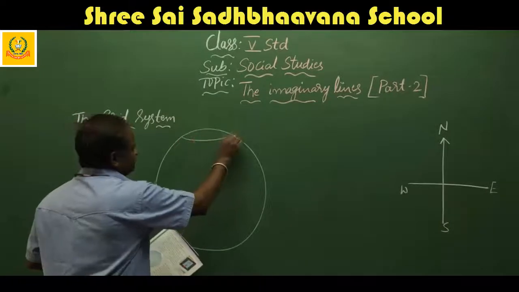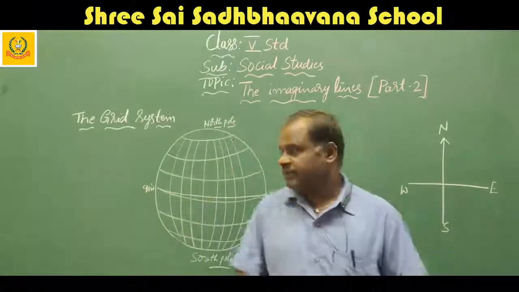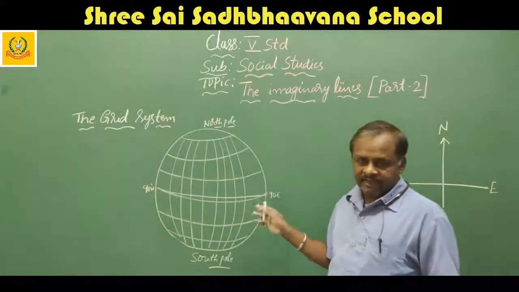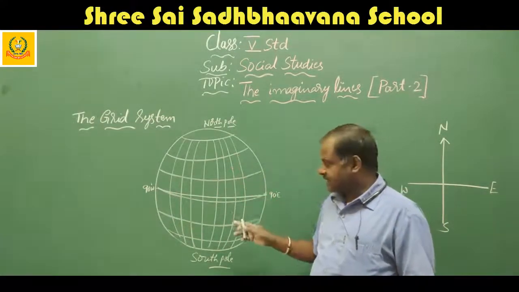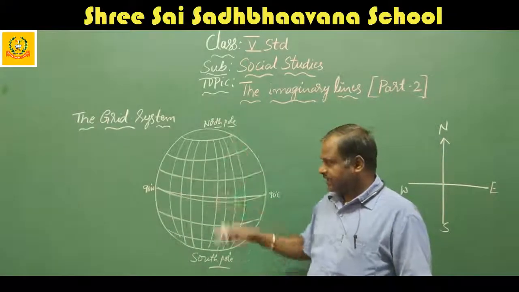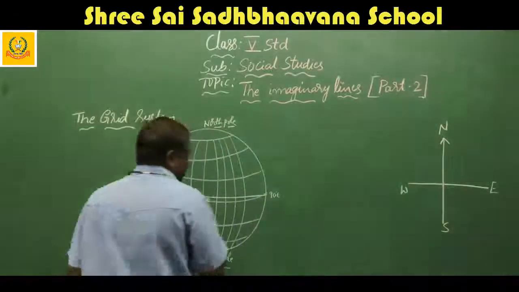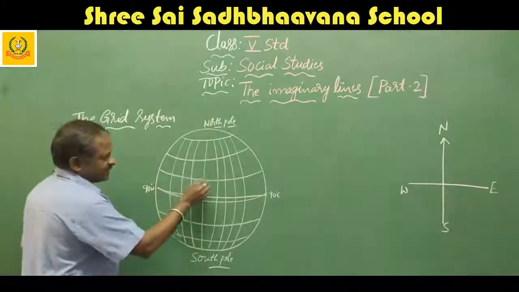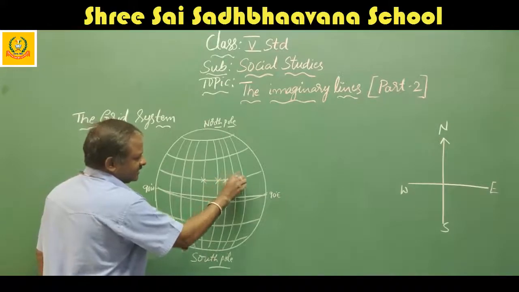See, they have given here. You already know that for our sake, we have drawn the lines vertically as well as horizontally. So when these lines meet at some place, see here, this is the intersection point.